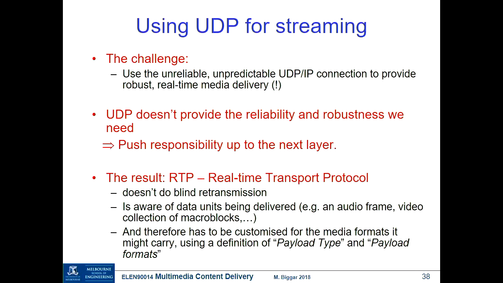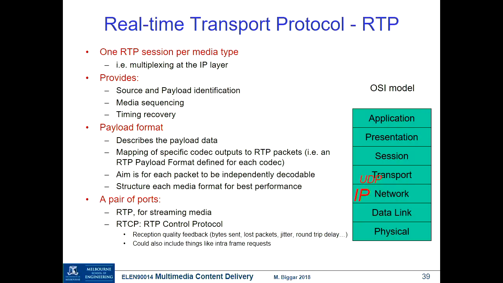Right? So RTP tries to delineate the data that's in each of the UDP packets. But to do that, it has to be customized for the different media formats, right? It has to know that the payload type or the payload format is H.264 at a particular rate with particular options and so on.